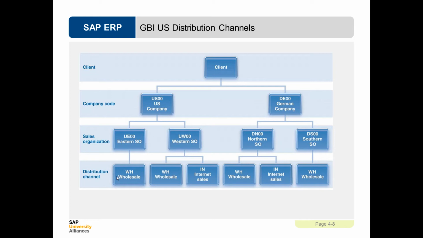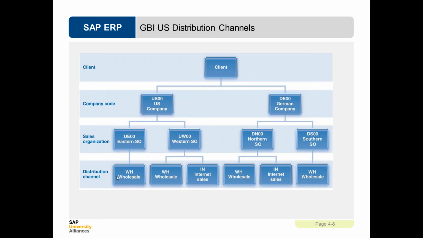Now, why would it be important for us to organize our sales data in this manner? Well, think about it. Marketing performance is going to be based, first of all, on what kind of revenues they can generate. So it would be nice to know whether we're selling more product on the eastern part of the US or the western part of the US, but also by distribution channel, because that might affect the way we market our product.